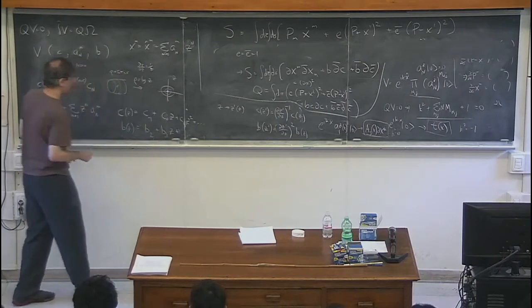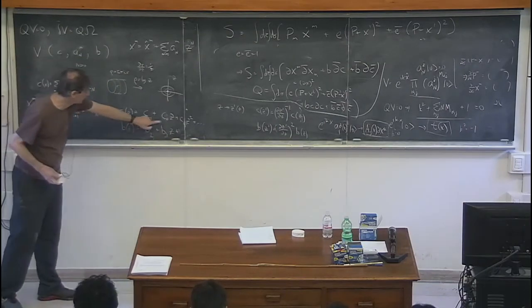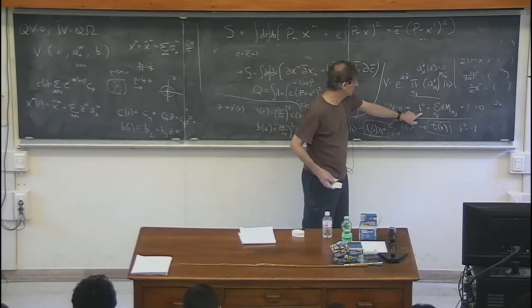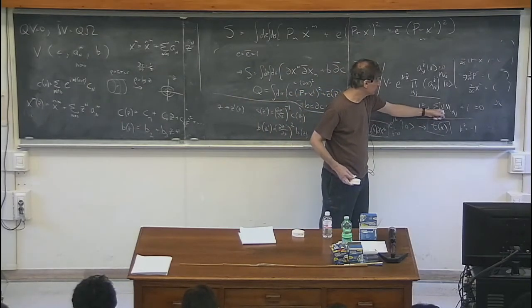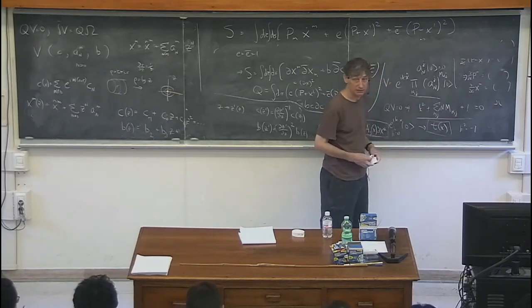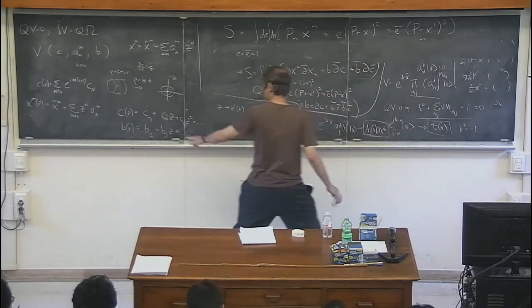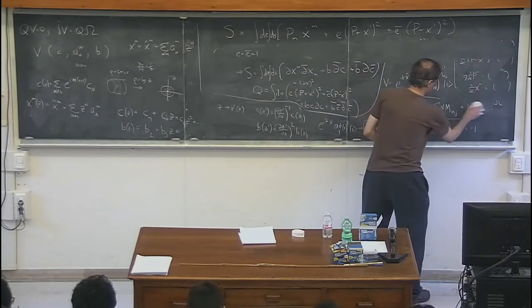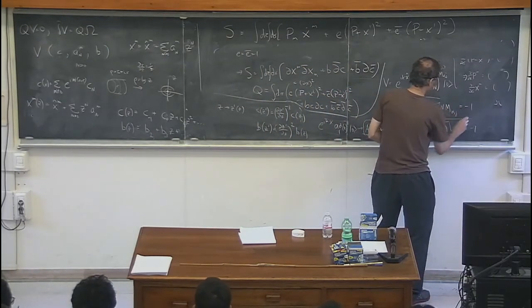This mode number is going to be relevant because when we compute the mass shell condition, you'll find that the C ghost contributes a negative sign. So in fact, this -1 here is precisely the same -1.